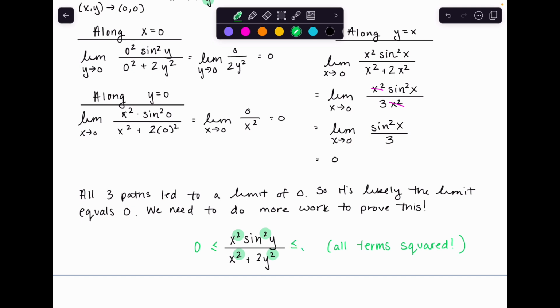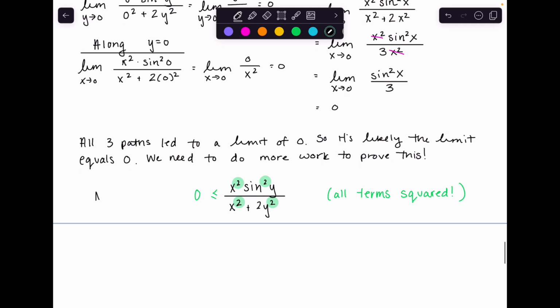Now I want to find an upper bound that also has a limit of 0. Because I've got a fraction, I want to manipulate this a little bit.